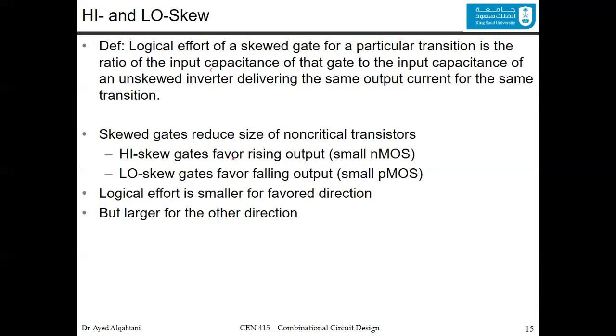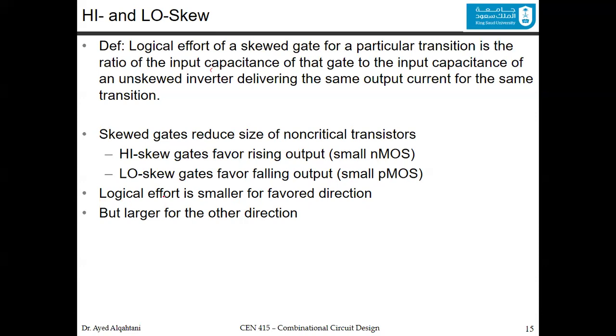Now, the skewed gate reduces the size of the non-critical transistors. So the non-critical ones, we sacrifice them. We say that they are not critical. For the high skew, we care about the up, so we sacrifice the NMOS or make it small. For the low skew, we favor the fall, or the pull-down network, so we make the PMOS halved or smaller.